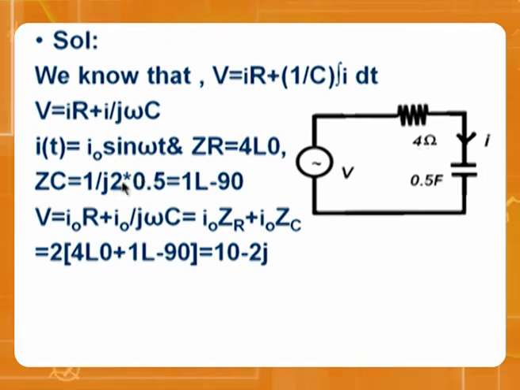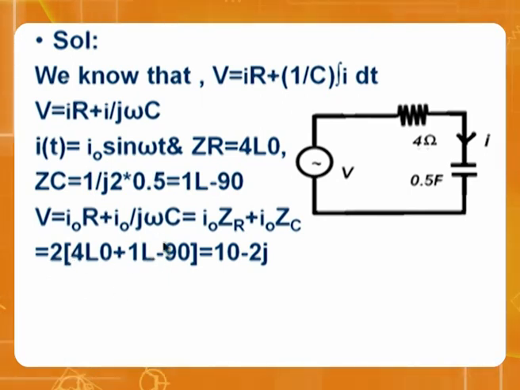1 by j1 is 1 angle minus 90, and if you multiply those things, the current is 2 angle 0, because the resistor is 4, and 1 angle minus 90. What is 4 angle 0? 4 plus j0, and 0 minus j1. So 4 into 0 minus j1.